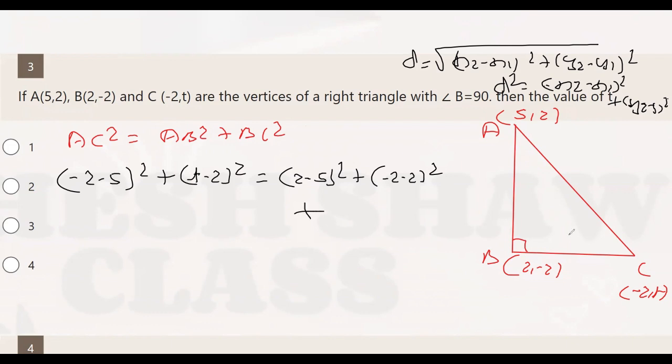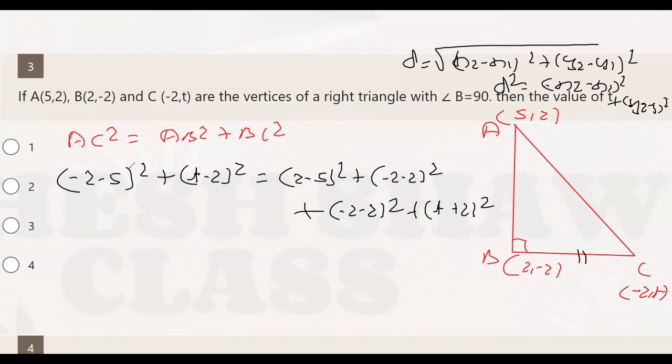And the next is BC square, the same way: minus 2 minus 2 whole square, and y2 minus y1, so it's t plus 2 whole square.